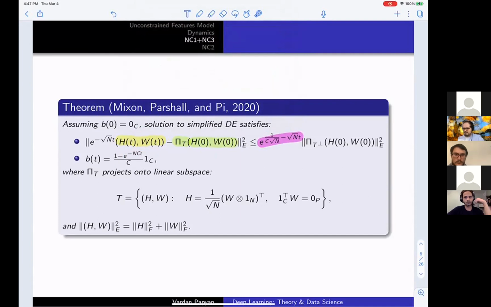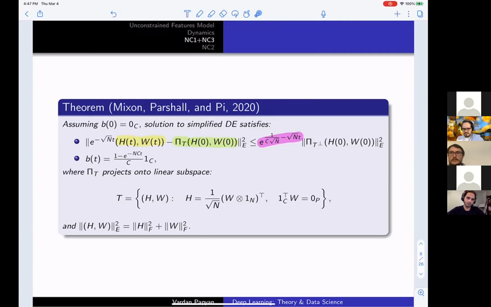What does this mean? So the features and the classifiers are converging to the linear subspace. That's what this means. More specifically, they're converging to the features and the classifiers at initialization after they're projected onto the linear subspace.